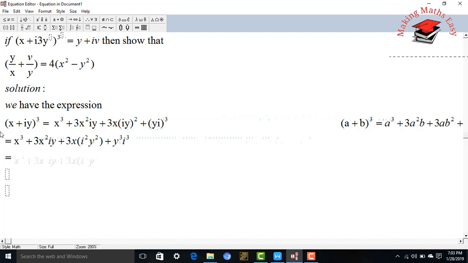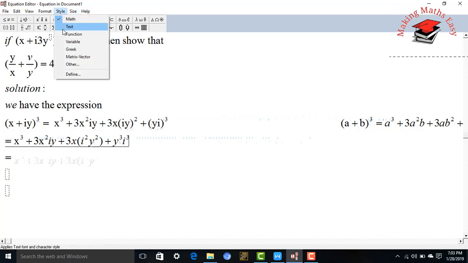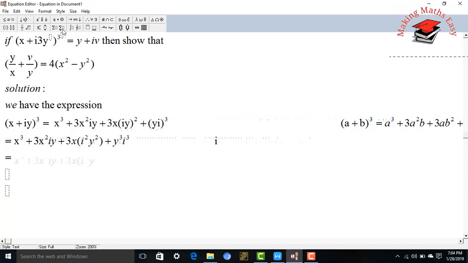So which will be equal to x³ + 3x² iy + 3x i² y² + y³ i³. Now one thing you have to remember in this case is the values of i² and i³. I told you in the previous videos that i² is equal to −1 and i³ is equal to −i.